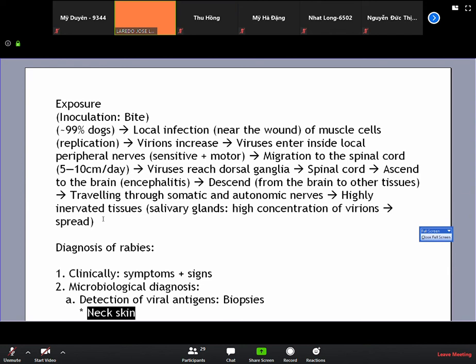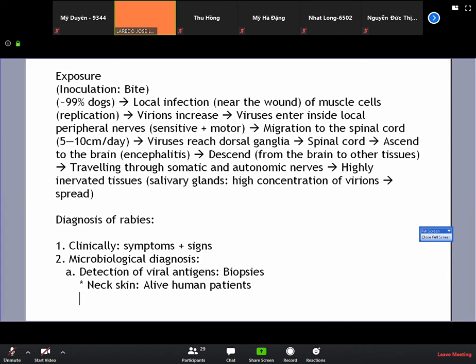So we take a biopsy and we can find antigens there in the neck because it's highly innervated. This is the traditional diagnosis, to take a biopsy from the neck. This is what we do if the patient is alive. In alive human patients.